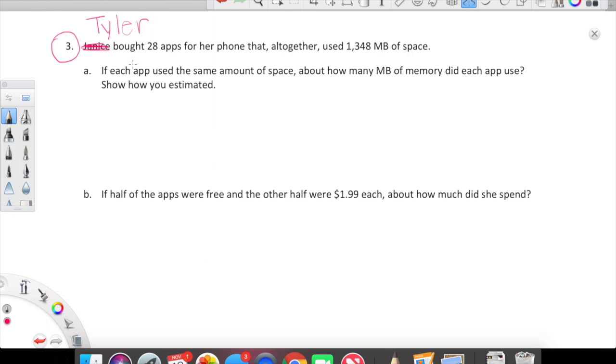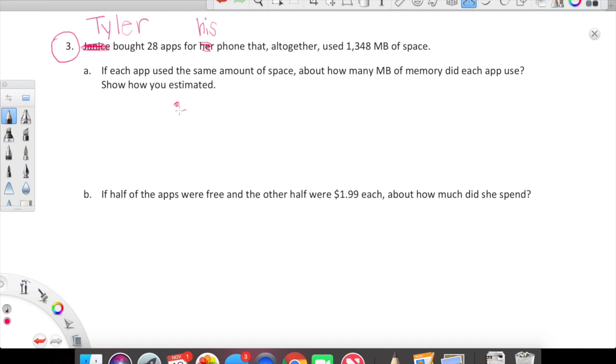Tyler bought 28 apps for his phone, change the pronoun, that altogether used 1,348 megabytes of space. If each app used the same amount of space, about how many megabytes of memory did each app use? Show how you estimated. Okay, so we've got 28 and we've got 1,348.